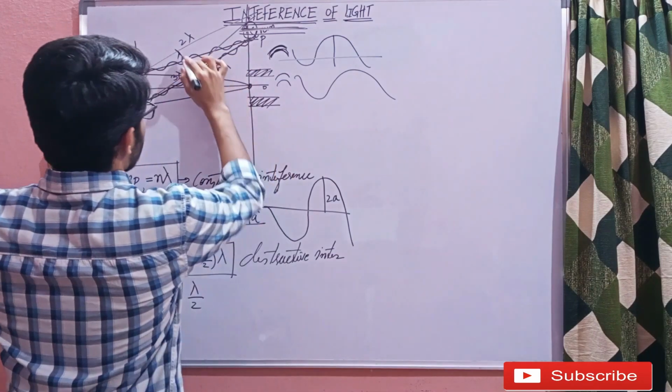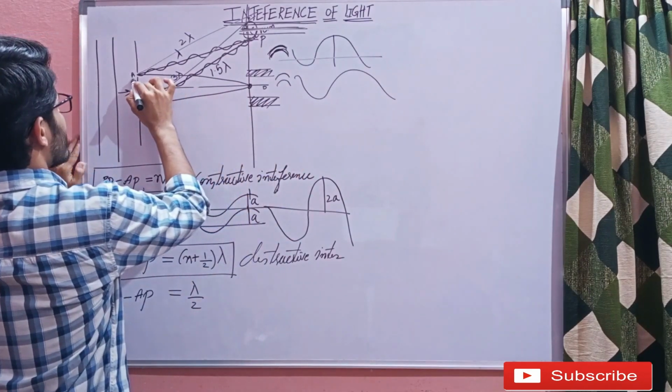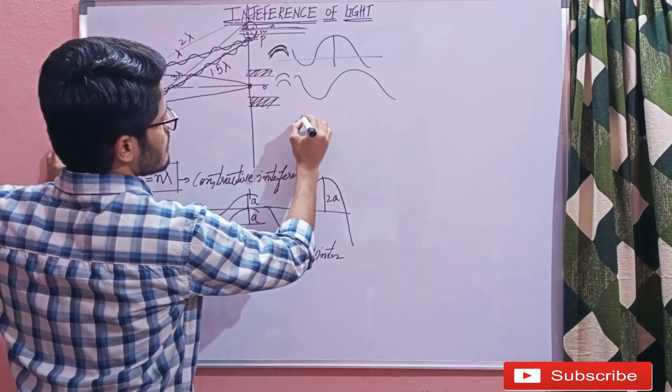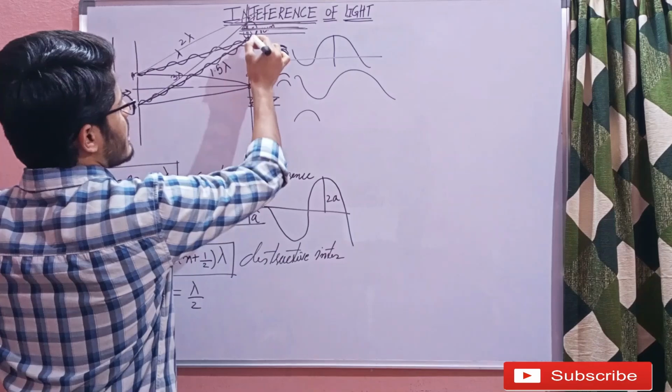Suppose it has traveled a lambda distance, meaning the ray is starting from its top, so it will end on its top at point P, meaning it will be like this at point P.